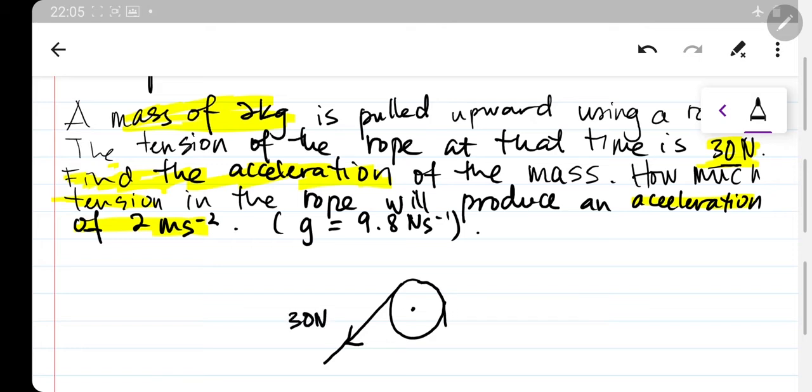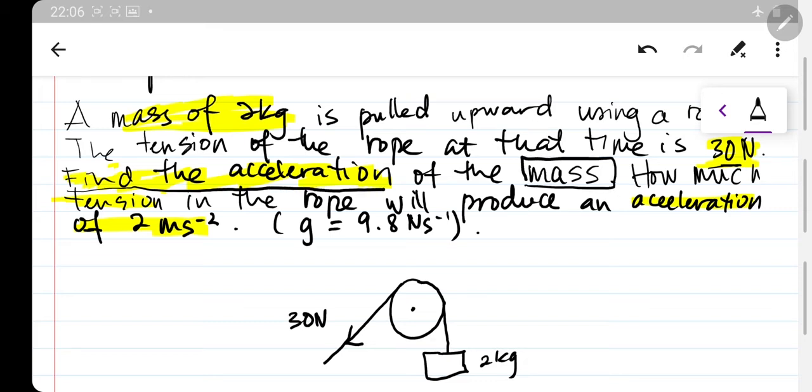And then a mass there, with 2 kg mass moving upward. The first question says, find the acceleration of the mass. Meaning we need to find the acceleration of this object.